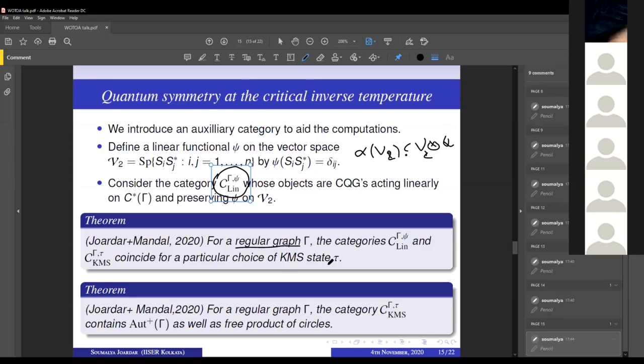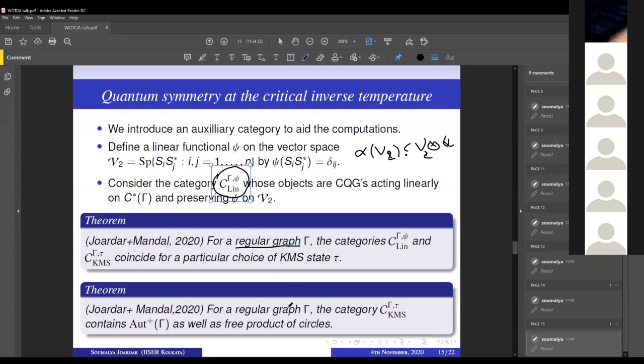So the upshot is, for that KMS state tau and for regular graphs, the computation is much easier. One has to really find the universal object in this restrictive category, and the computation is easier because the category is far more restrictive.